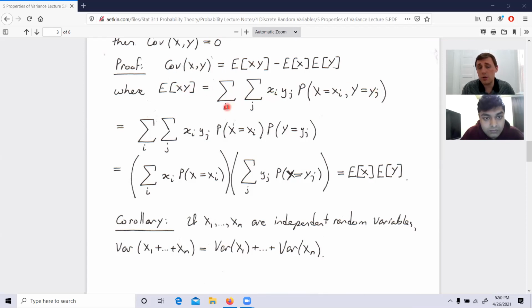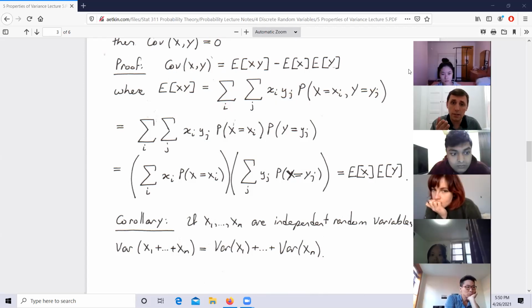It's the summation over all the values that x can take, combined with all the values that y can take, multiplied by the probabilities that x is one value and y is another value. You understand? I can always make that representation, insisting that the probability x equal to xi and y equals to yj is equal to 0 in case the combination is not possible.